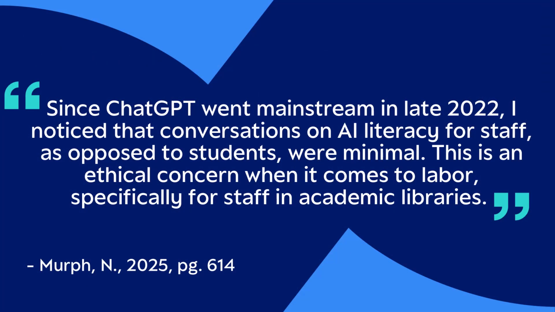No matter how you are feeling about it all, in this quote from Nicole Murph's recent article entitled Beyond Information Literacy, Exploring AI's Impact on Labor and Academic Libraries in Library Trends, we get a glimpse into the crux of the issue.